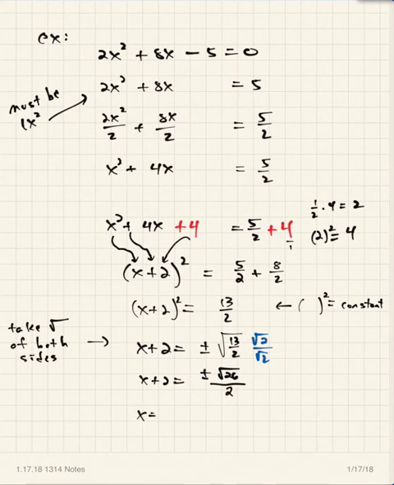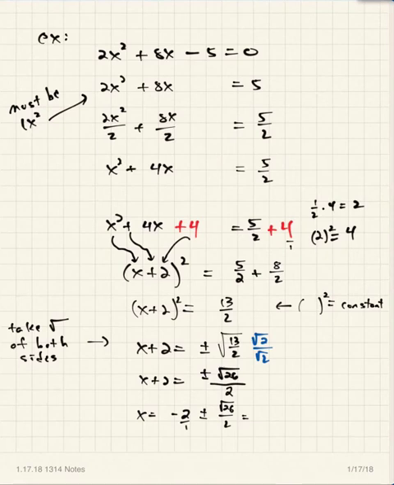And then you solve this equation by subtracting 2. So you have negative 2 plus or minus the square root of 26 over 2. If you left it like that, I would be fine with it. But if you need to write it as a single fraction, then you need to get a common denominator, which is 2. Remember, this negative 2 is really negative 2 over 1.